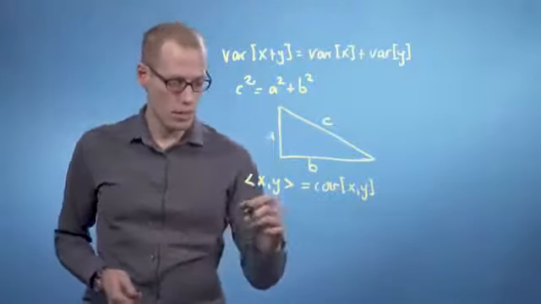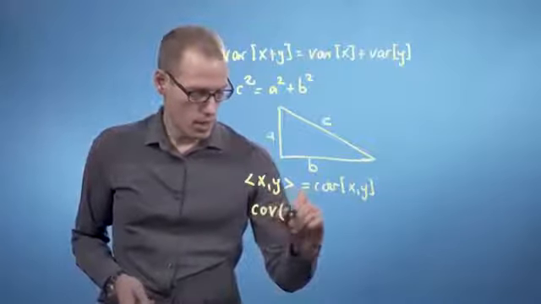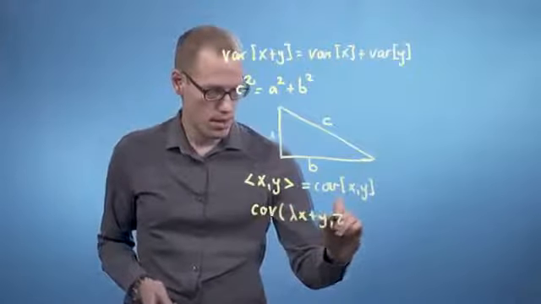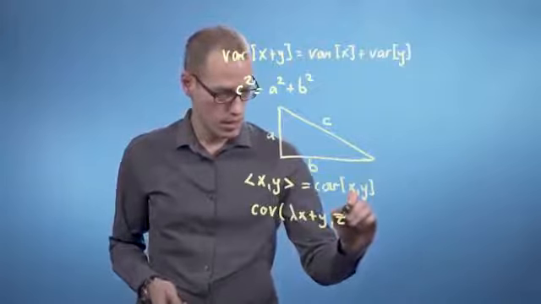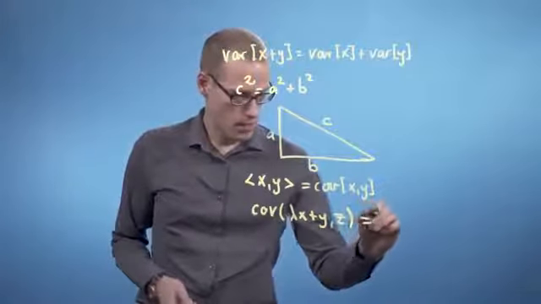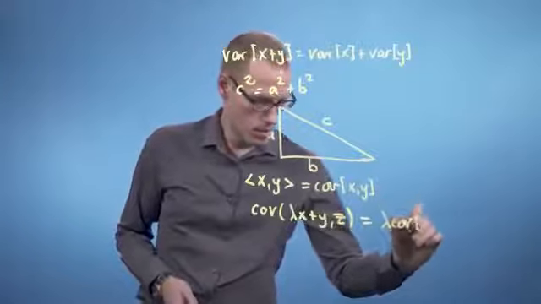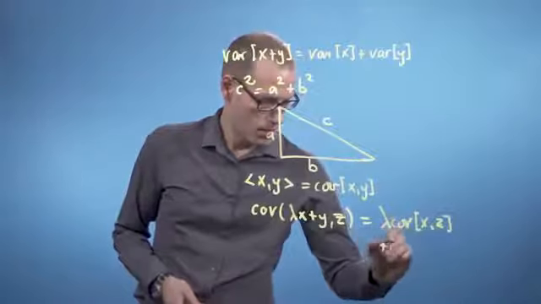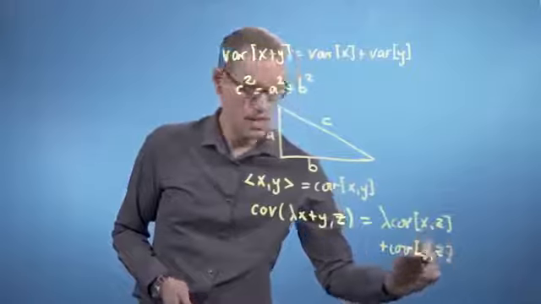So linearity would mean that the covariance of lambda times x plus y and z, where x, y, and z are random variables and lambda is a real number, is lambda times the covariance between x and z plus the covariance between y and z.